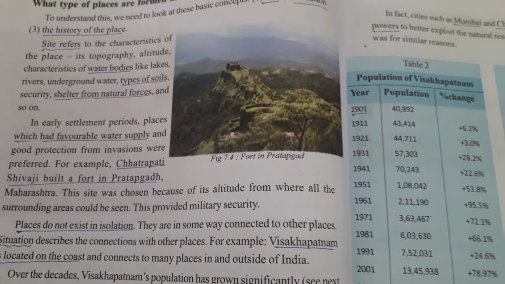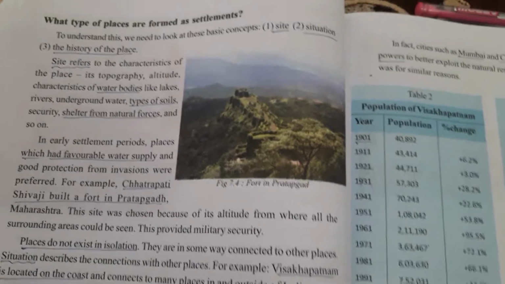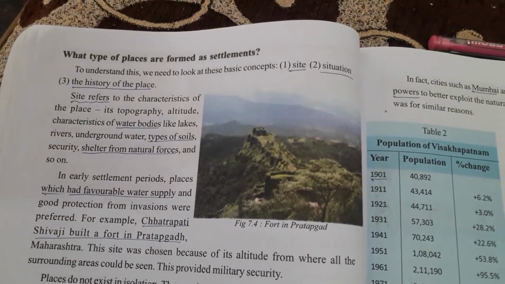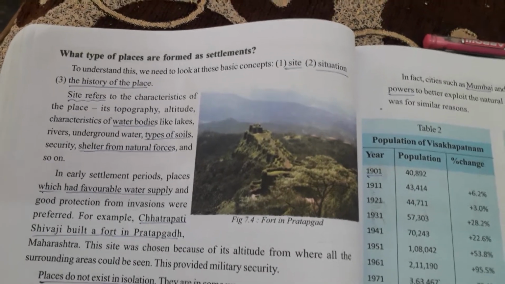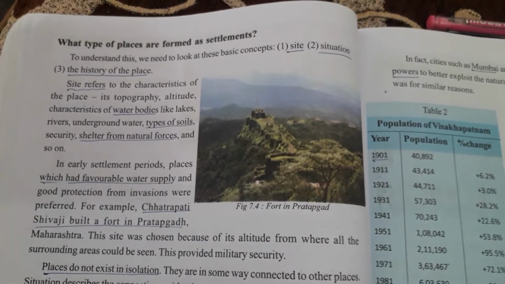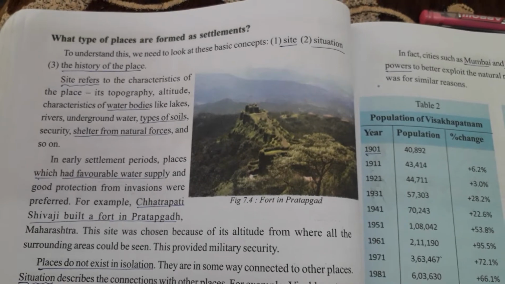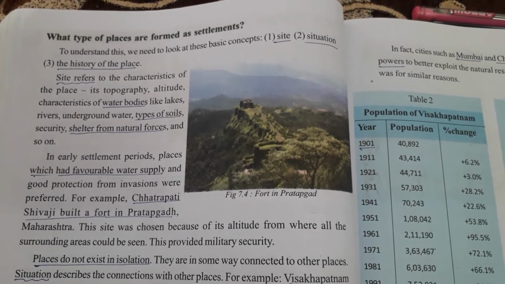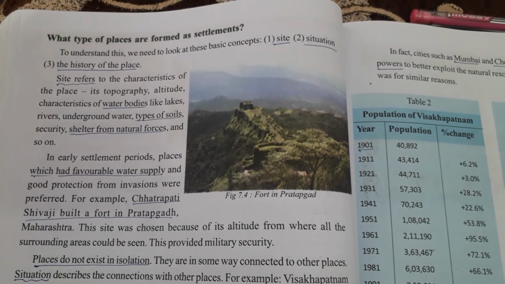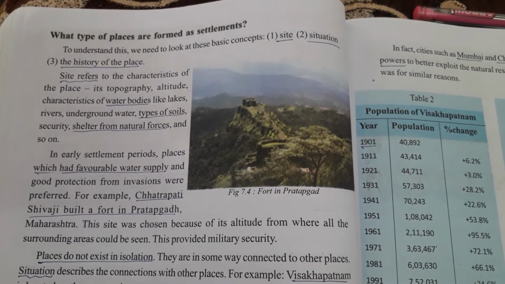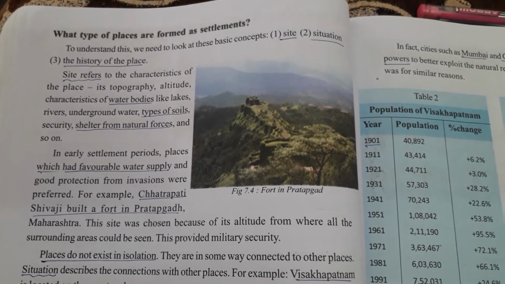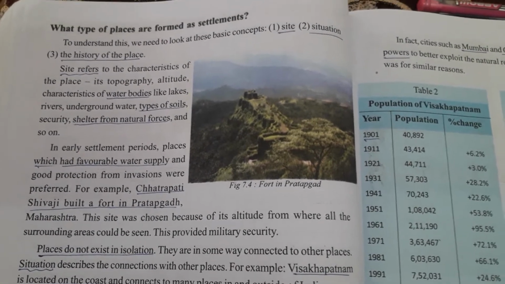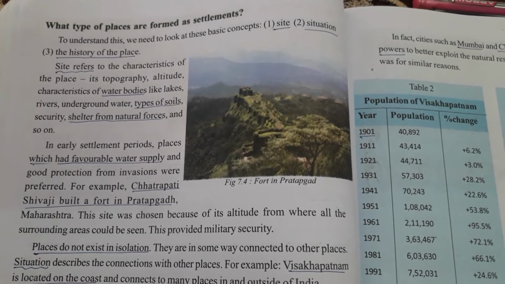This provided military security. That's why he constructed his fort in the middle of the forest on top of the hill, so he could protect it from other people. So like that, Chhatrapati Shivaji constructed a fort in an isolated place for protection and security.